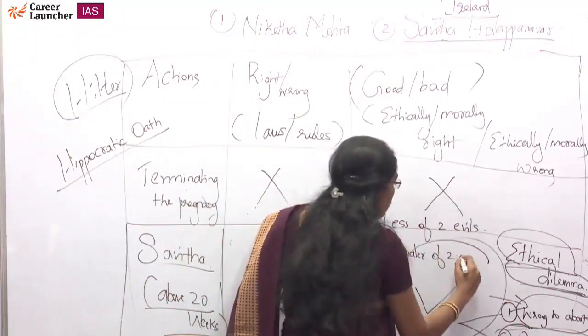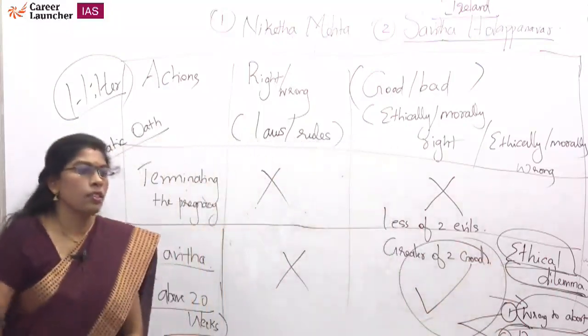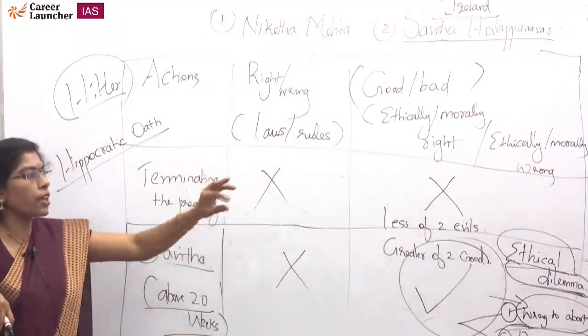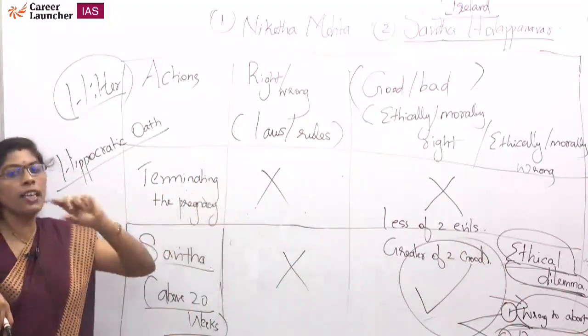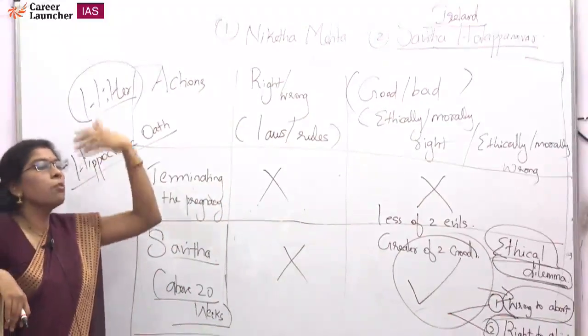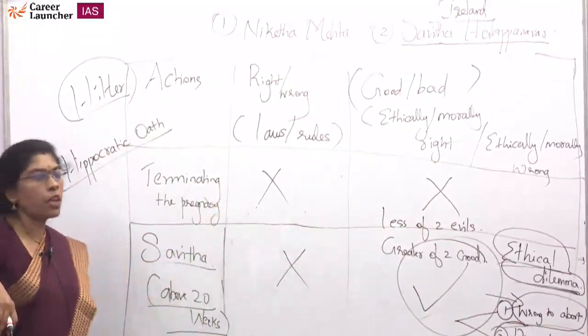Do you understand the meaning of this? Two evils means if two negative consequences are there, you have to see the intensity, the strength, of the consequences. Which one is more evil, you have to avoid it. Which one is more good, you have to choose it. Do you understand?